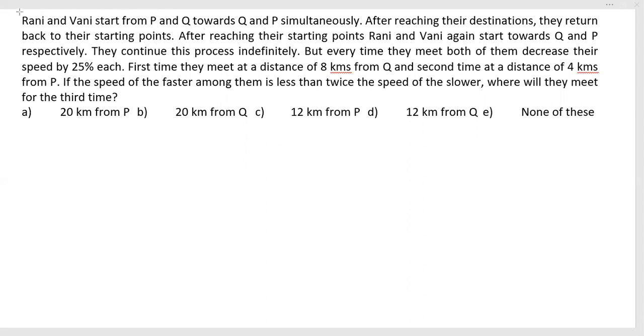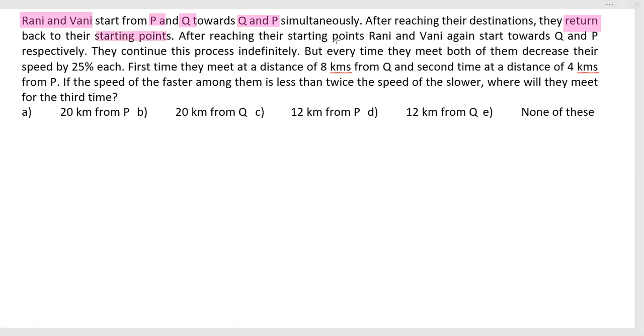Rani and Bunny have started from P and Q respectively towards Q and P, in opposite directions, simultaneously. After reaching their destination, they return back to their starting point.